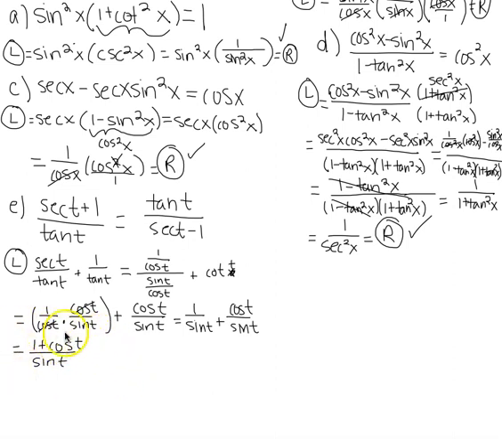which I've kind of simplified as much as I can think to simplify, and this definitely still doesn't look like what I have over here. So when this happens and you're like, ugh, this looks a lot simpler, but it's not verified yet, it's usually because both sides were pretty complicated to begin with.